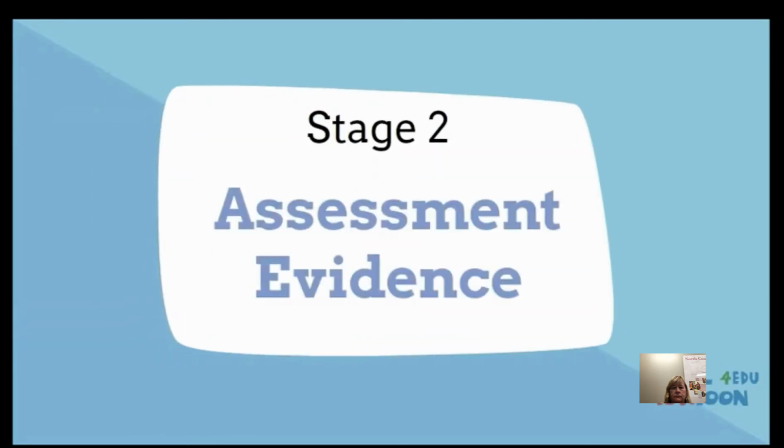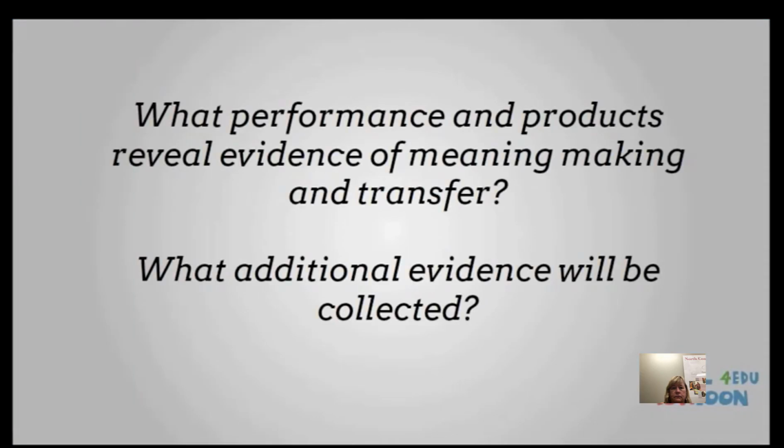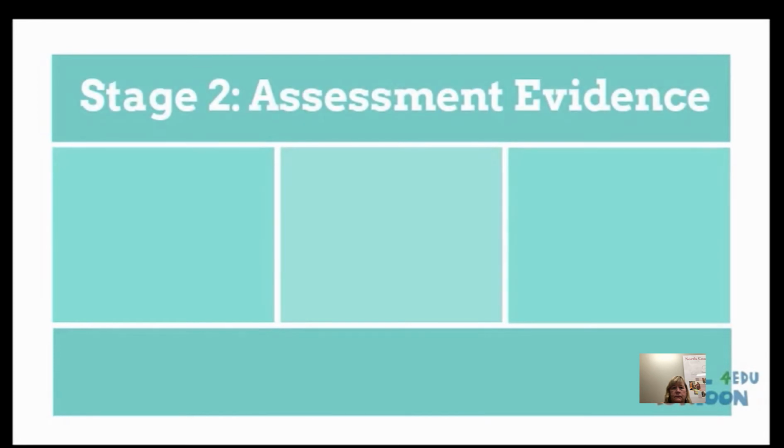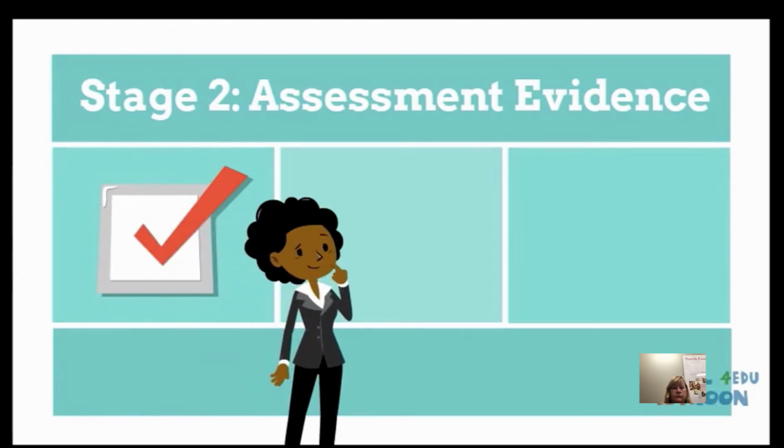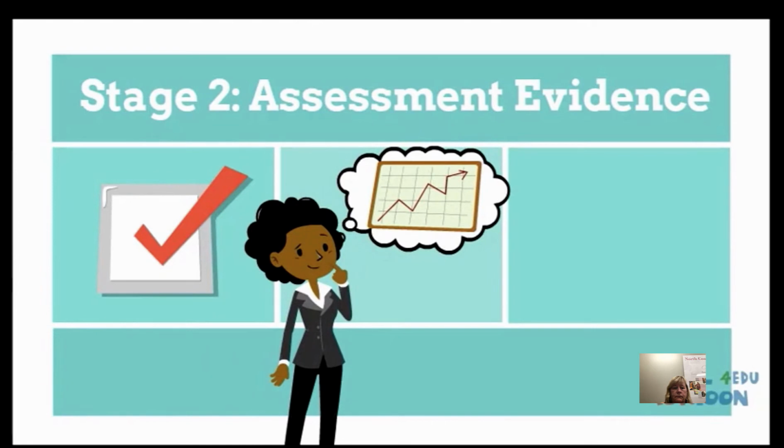Stage 2, determining assessment evidence. Guiding questions for Stage 2. The second stage of curricular design is to determine what assessment evidence is needed to reveal meaningful transfer. Wiggins and McTighe encourage teachers to think like assessors before designing units and lessons.